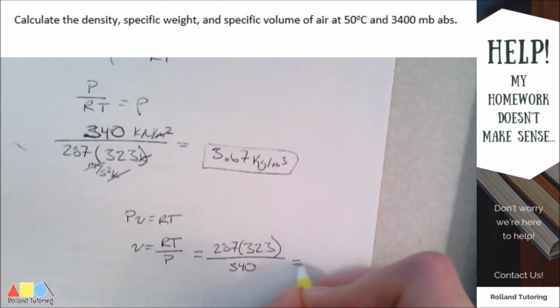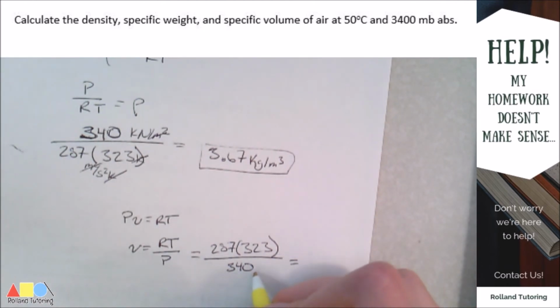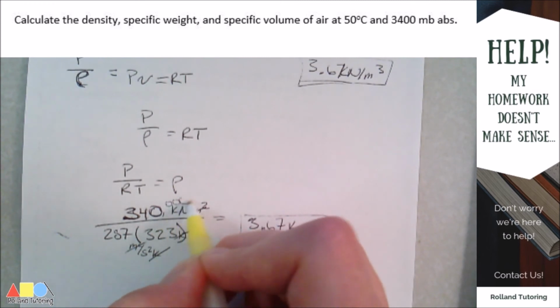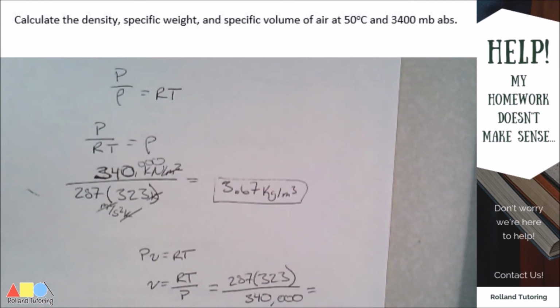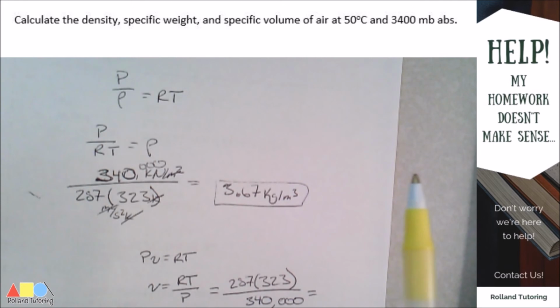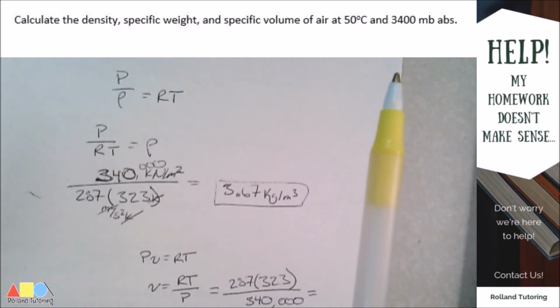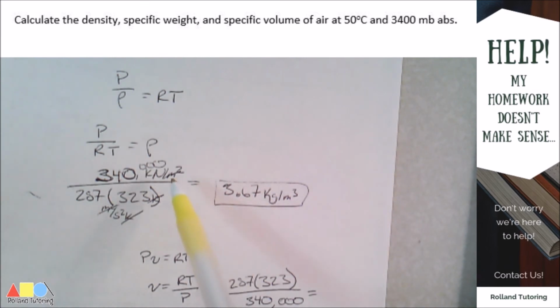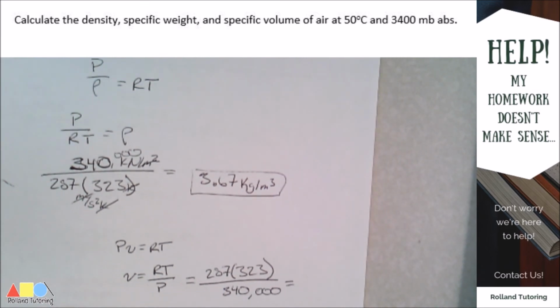Otherwise you could also do this, and we could do that up here as well. So that will show the importance of converting that millibars to our kilonewtons per meter squared right away. So this will give you 0.273 meters cubed per kilogram, and that will be your final answer.